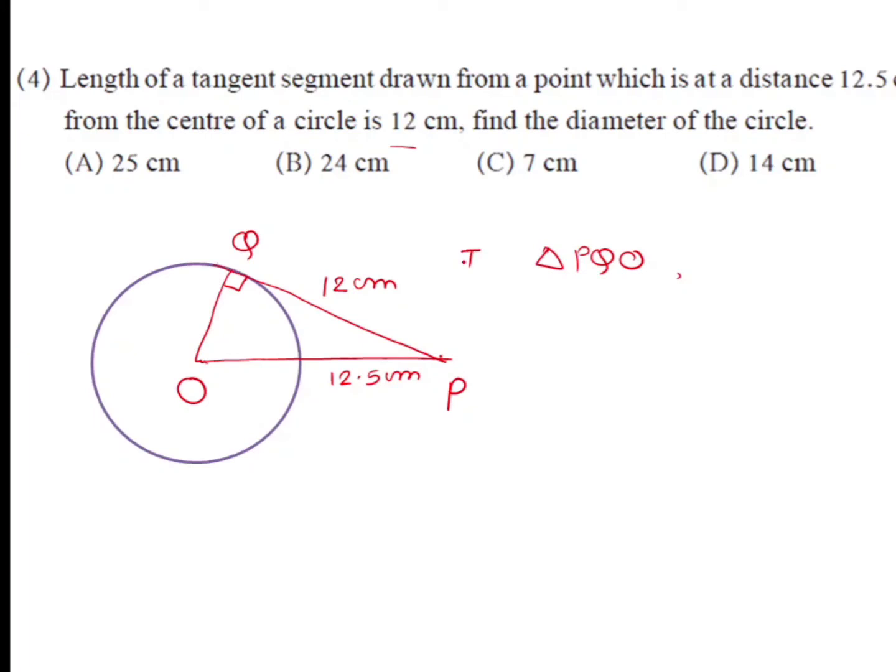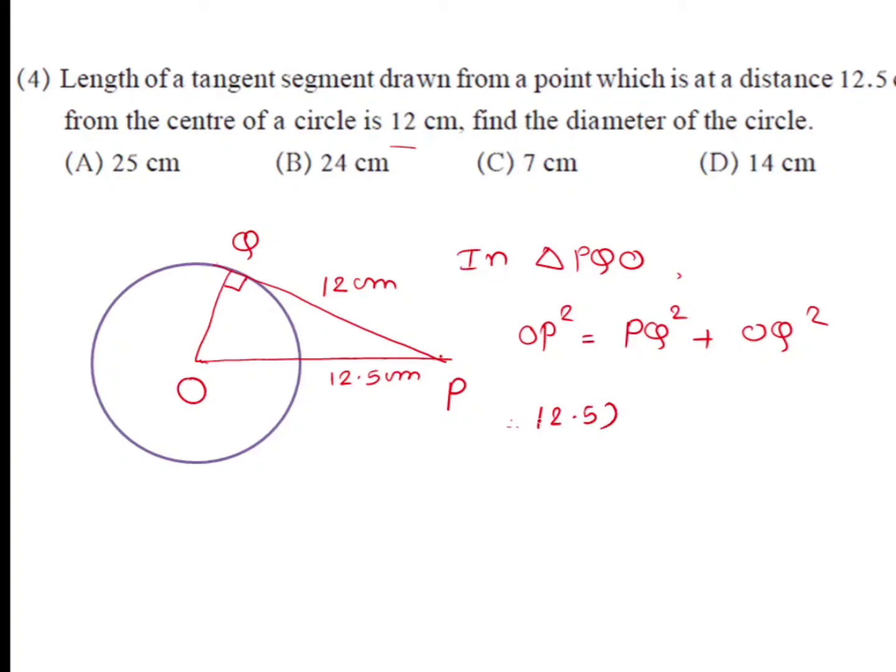So in that triangle we can use the Pythagoras theorem, and by that we have hypotenuse square, that is OP square, equal to the remaining two sides, PQ square plus OQ square, and OQ here is nothing but the radius. Now we have OP. The length of OP is 12.5 centimeter.